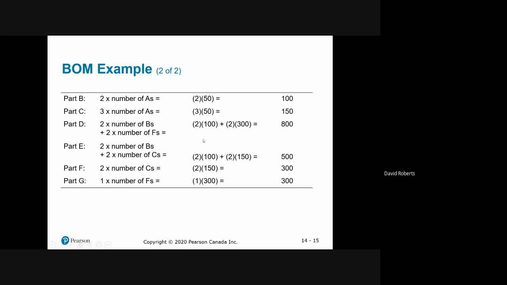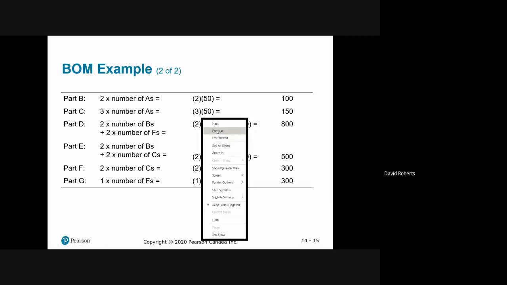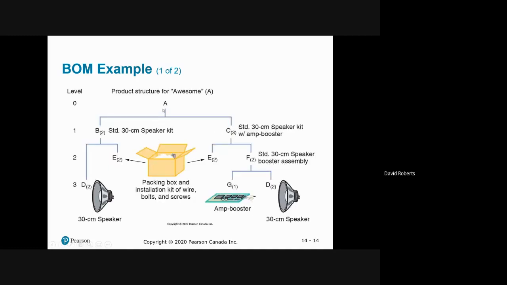So I'm going to go back a screen. One of the easiest ways, I find, is to do it this way: 50 A's, how many D's? 50 A's times 2 times 2, so that would be 200 on the left. 50 times B, which is 2, and D, which is 2, is 200. How many D's on the right? 50 times 3 times 2 times 2.